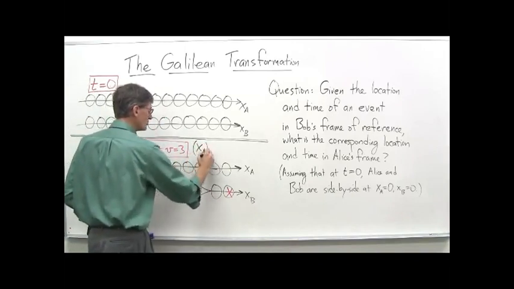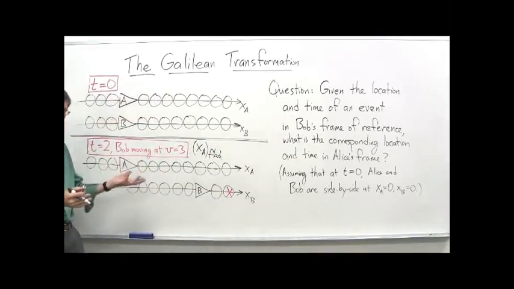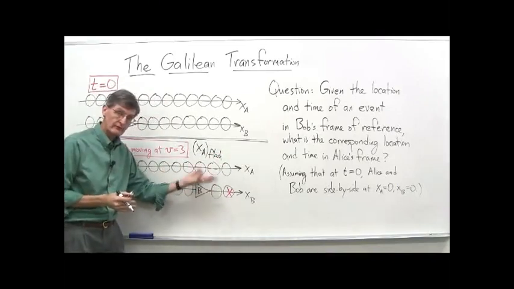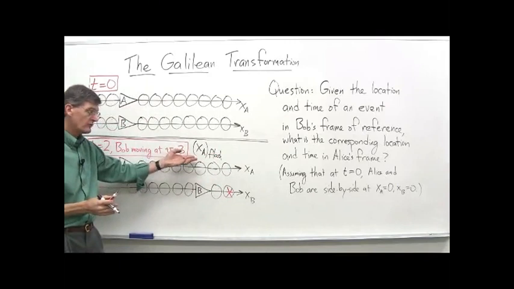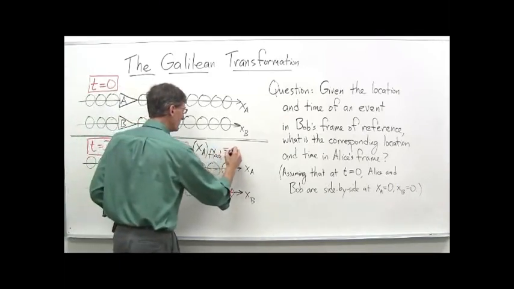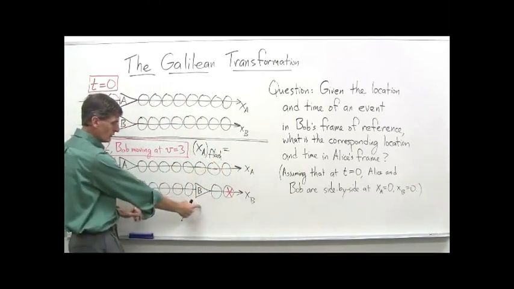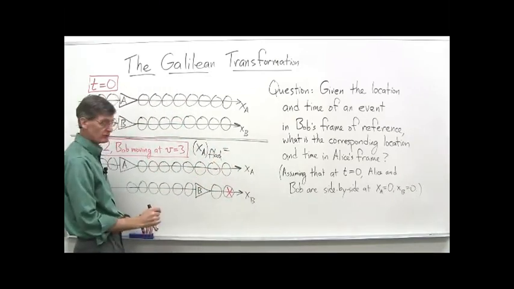We know the position of the flash in Bob's frame of reference is at position 2. What's the position of the flash in Alice's frame of reference? Well, it's simply going to be the distance Bob has moved plus where he sees the flash occurring.